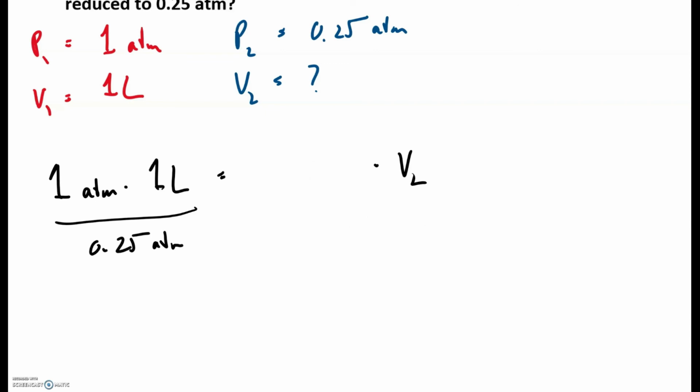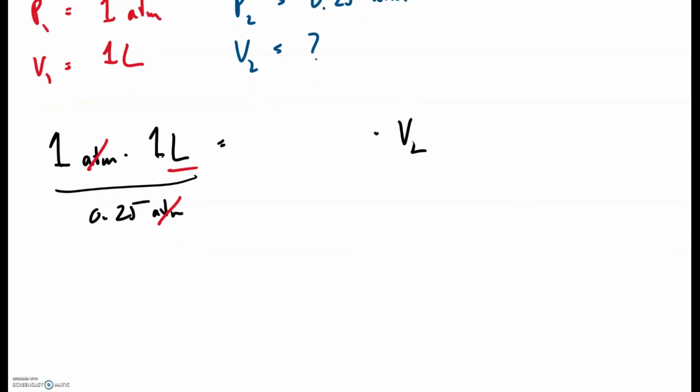Now look what happens to our units. When we do this, we divide both sides by atmospheres, and that means that atmospheres cancels, and it leaves liters as our only unit. So what's our V2? 1 divided by 0.25 is 4 liters. As we expect, as the pressure decreases, the volume increases.